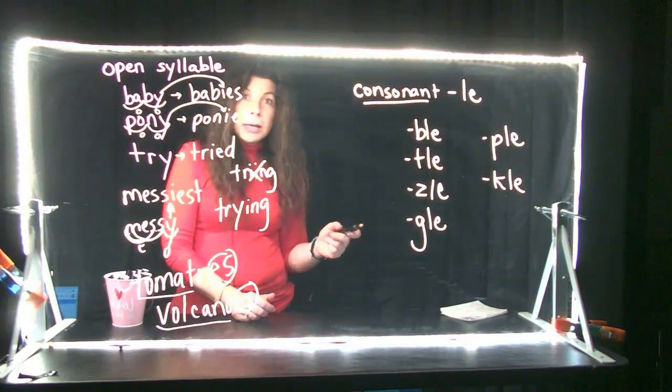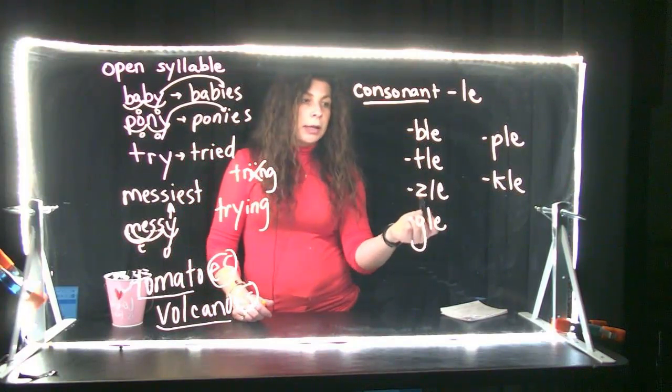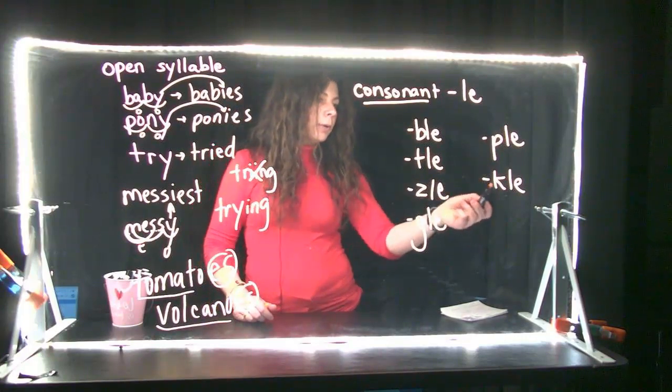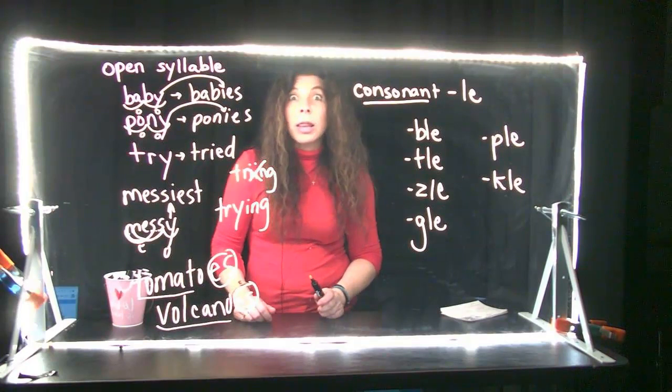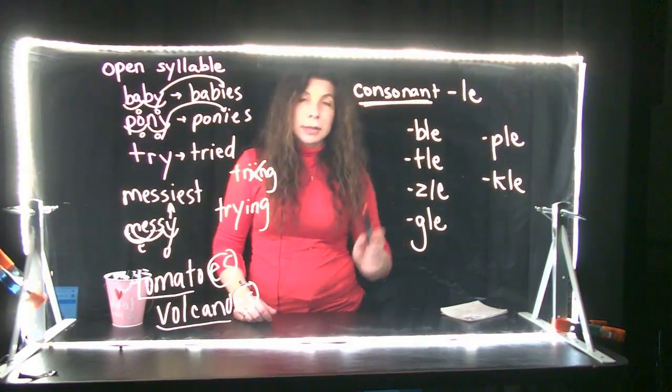Can you think of any word that ends with a PLE or a TLE or a ZLE or a GLE or a KLE? Hmm, a lot. There's a lot of words that follow this consonant LE.